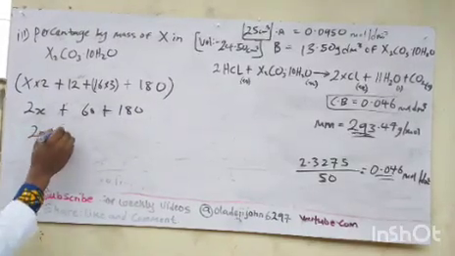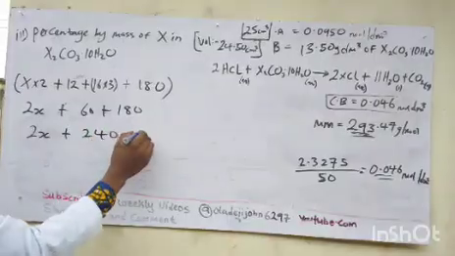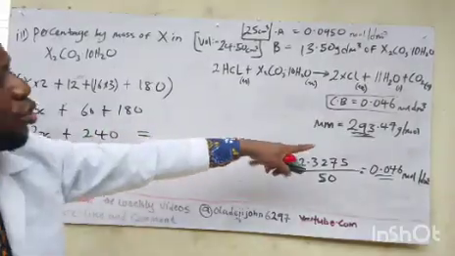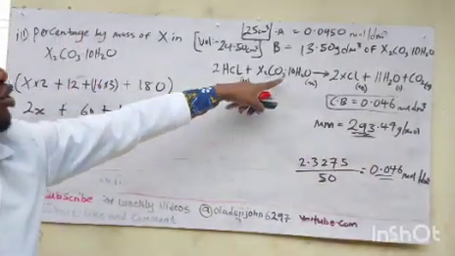So we have 2X plus 240 all equals the molar mass of the salt.